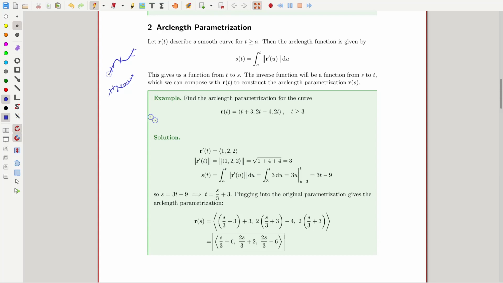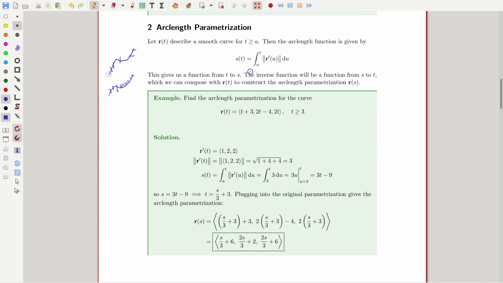In that way, the particle travels at a uniform velocity along the curve, and we don't have the oddity of the particle speeding up or slowing down as it travels the curve. That's where the arc length parameterization comes into play, and it resolves the problem.